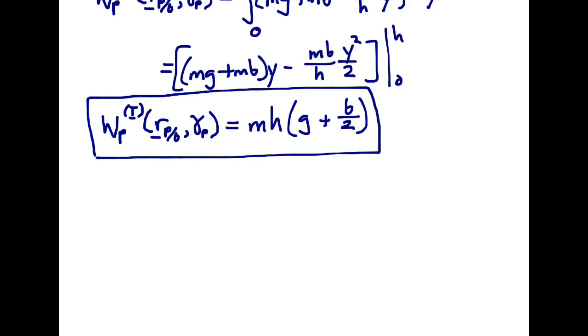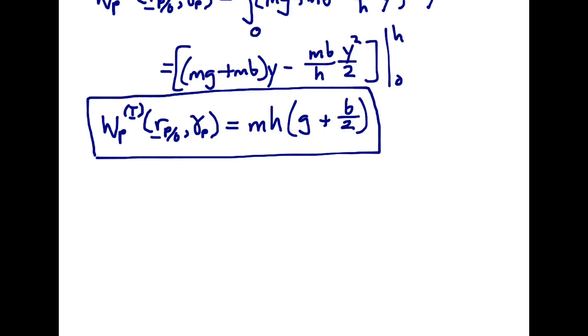Let's make one quick comment on this. When you've seen work before, whether in high school or perhaps a university physics course, you've typically seen it done in the presence of a constant force. So this is a more complicated situation because we're varying our force. But notice that if you did a constant force, and let's say it was the force of gravity, then this work would end up being simply mh times g, because gravity is a constant force going down.